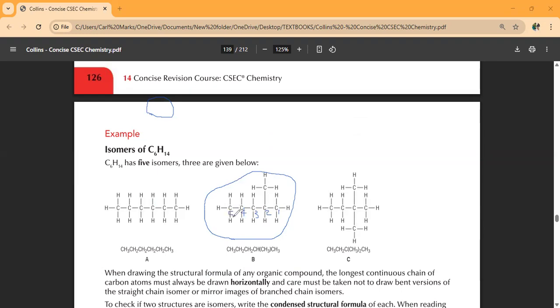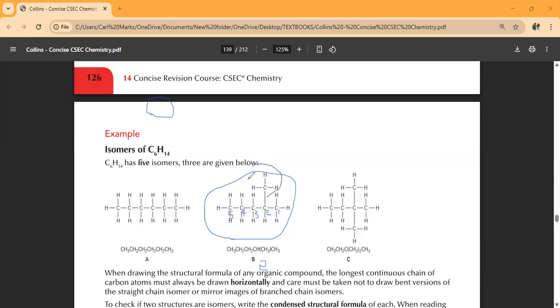On which carbon is our branch? 1? No, look, this is 1. Is this where the branch is? No, the branch is on carbon 2. So the first part we write is the number on which the branch is on. Then we have to name the alkyl group. How many carbons are on the branch?